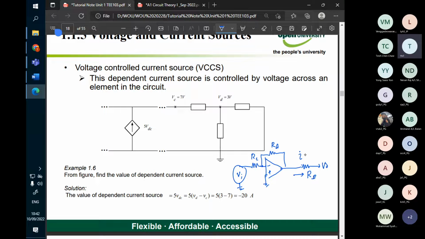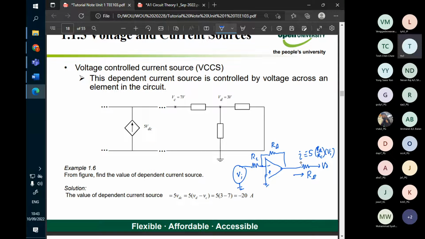For example, the current is equal to 5 VI. Okay, wait, let me give you a more logical example: negative 5 times RA over RC times VI.